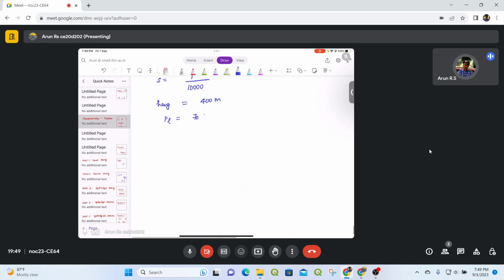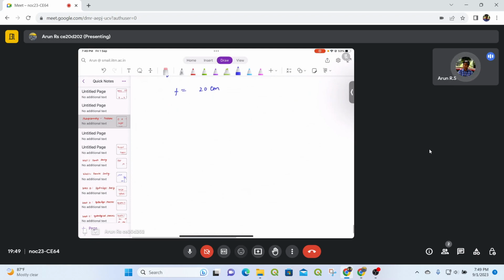Longitudinal overlap is 70%, side overlap is 30%. Your velocity is 270 kilometers per hour. I'm converting it into meters per second: 270 into 5 by 18, that is 75 meters per second. And the focal length is given as 20 centimeters.